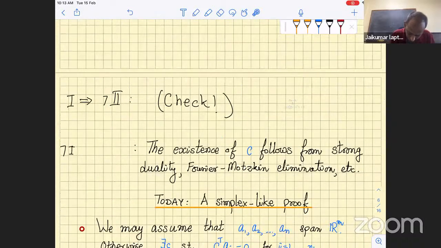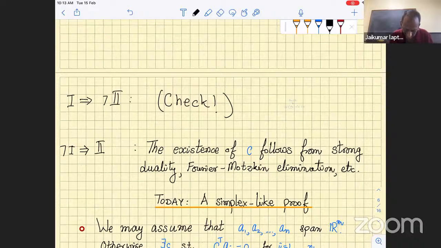So if 1 is not true, then we want to claim that 2 is true.